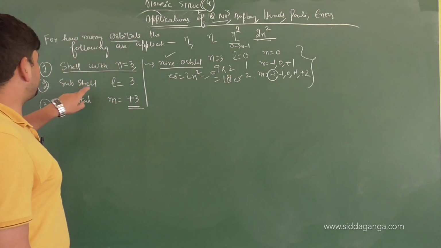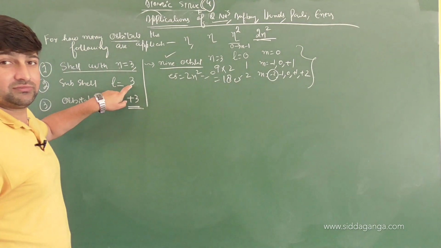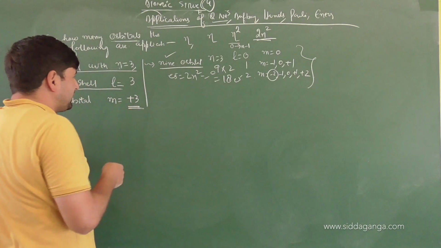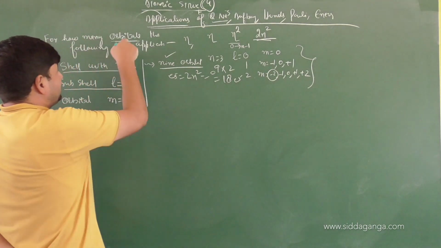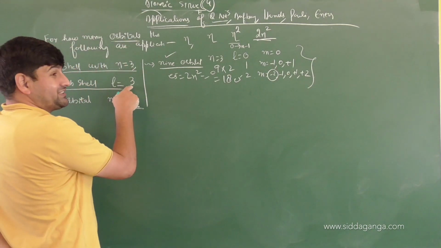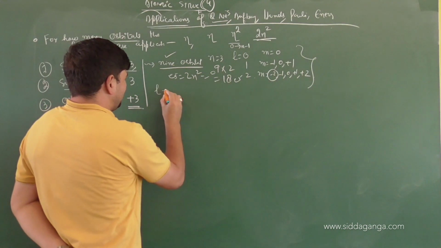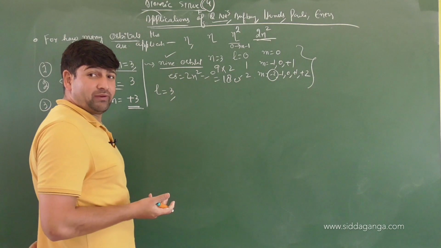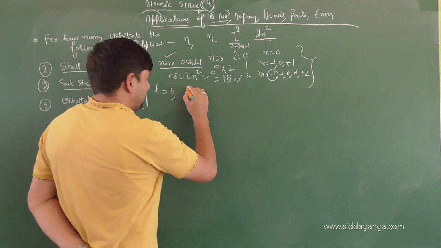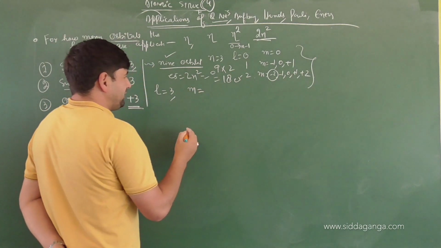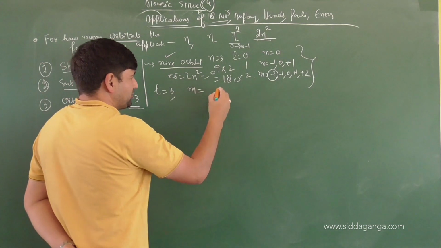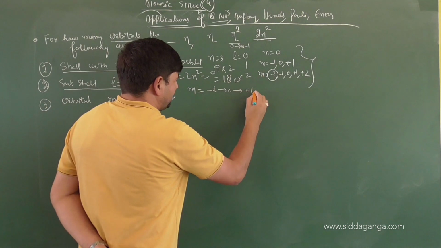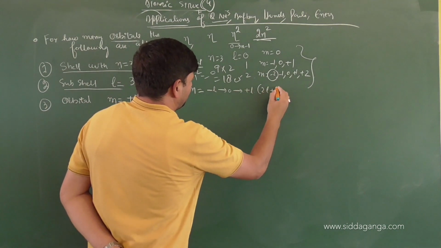Very good. So, a subshell with L value equals to 3. Now, I have to find out the number of orbitals associated with this, right? So, children, when L value equals 3, how do you find out the number of orbitals associated with that subshell? On the basis of m value. So, how do you find out m? Minus L, through 0, to plus L, or the other formula is 2L plus 1.